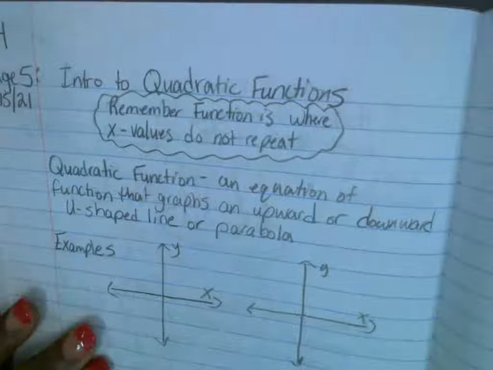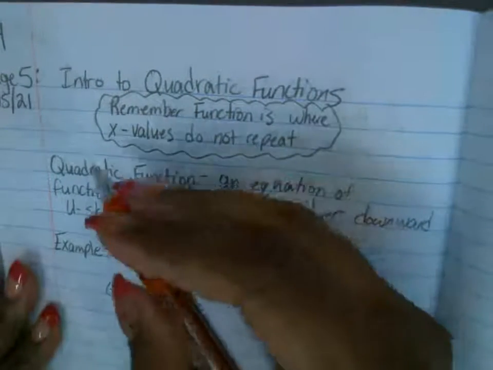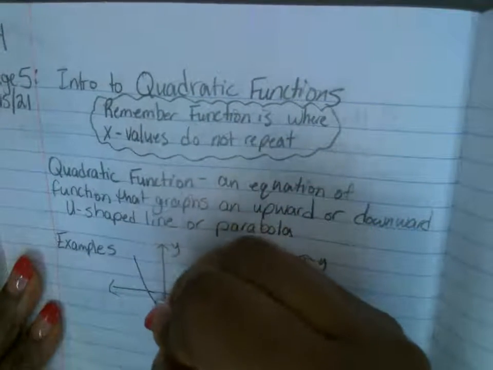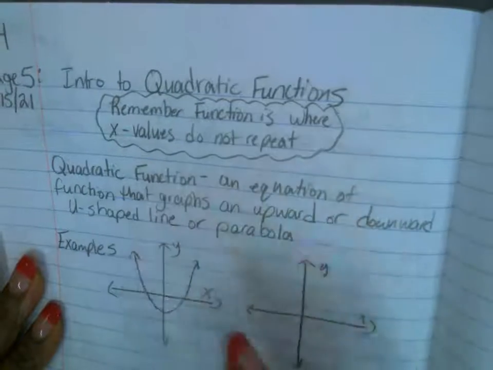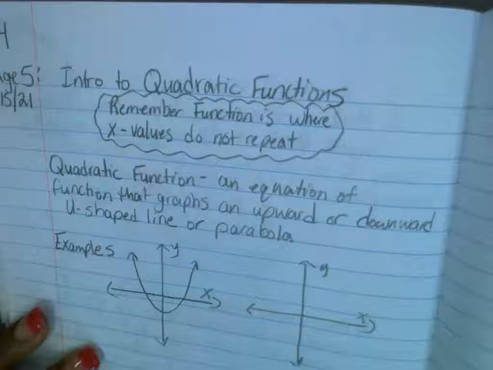Some quadratic functions have upward parabolas, or a U-shaped line.